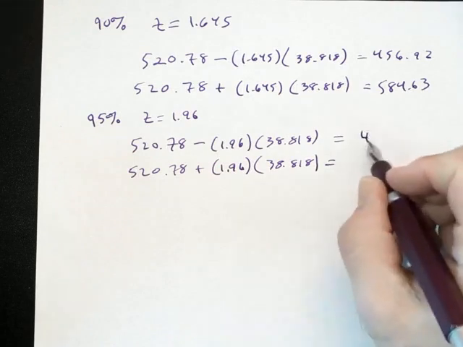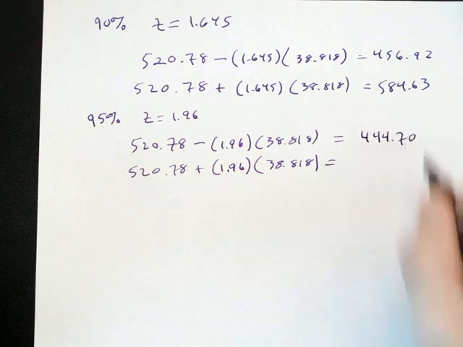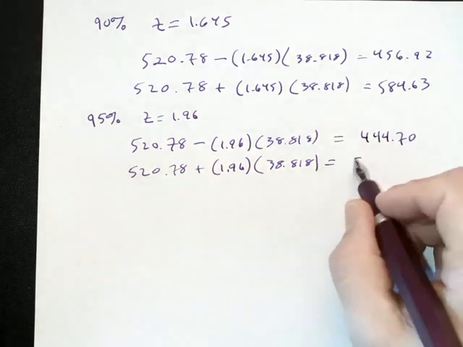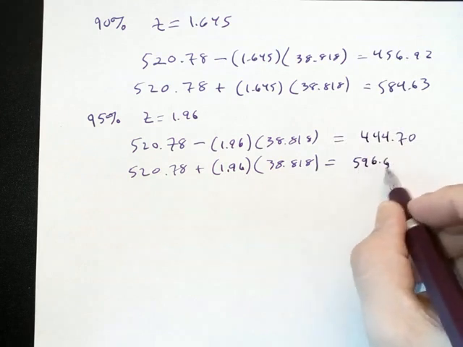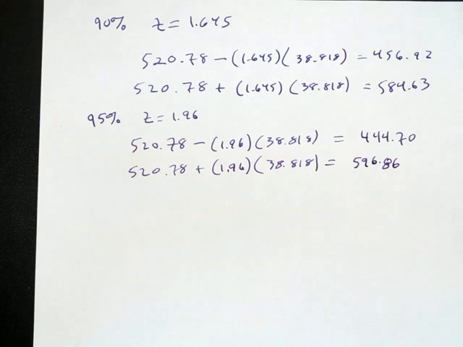So I end up with a number that's smaller than 456 and a number that's bigger than 584. Questions?